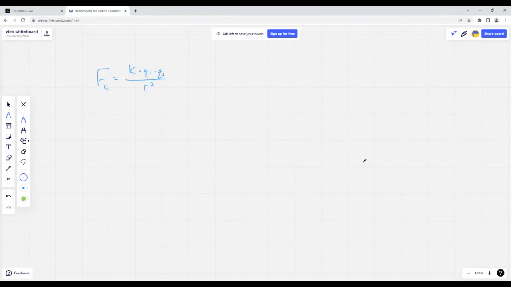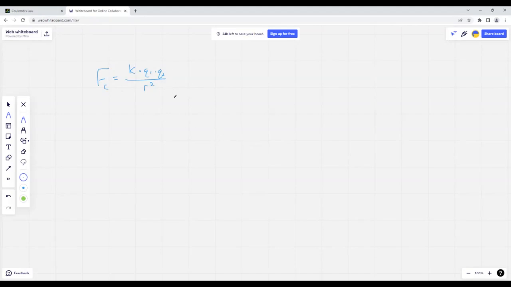So where Q1 and Q2 are the different charges or groups of charges, and then R is the separation distance between them. It's R because you can be anywhere around in a circle and have the same force. The R squared shows up as part of the calculus that makes this formula, but there we go.